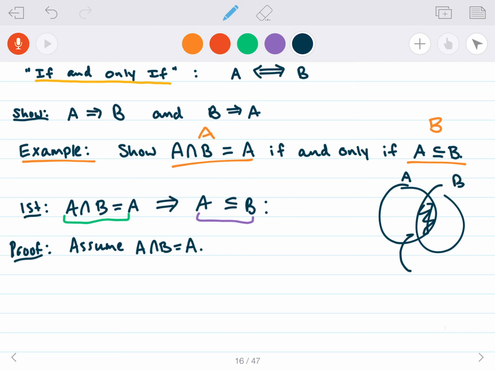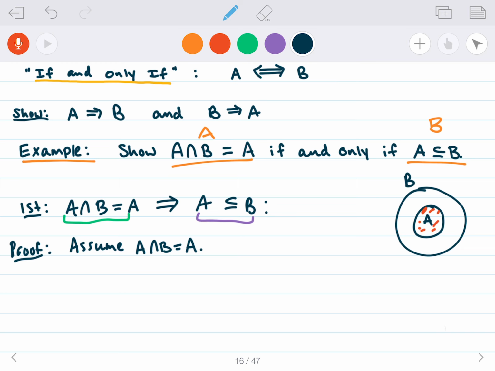We can't have a situation like this because that's not all of A. So what does that look like? It looks like this. A intersect B is just A. So this is A and this is B. The things that are both in A and B are just A. That's the intersection here.